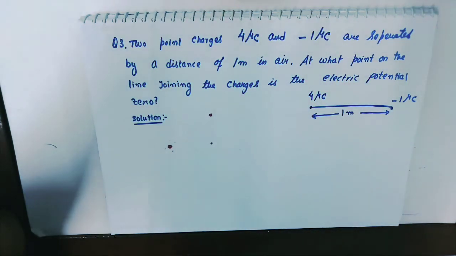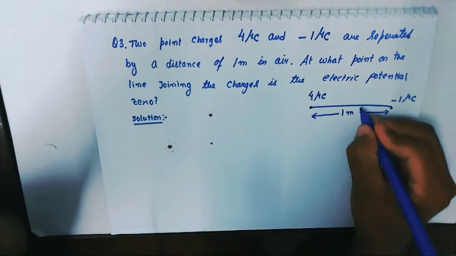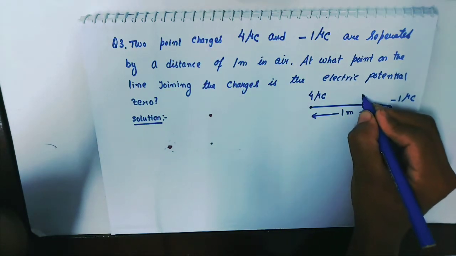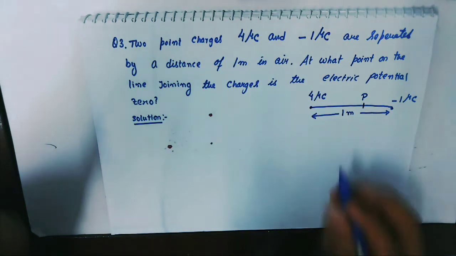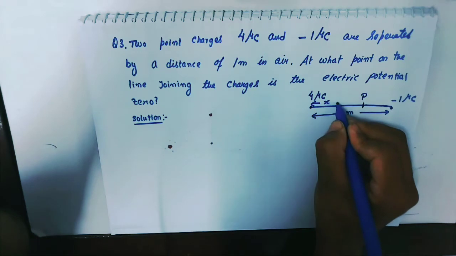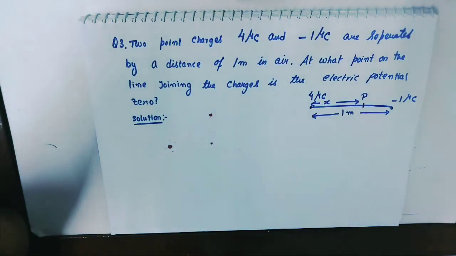The question says, at what points on the line joining the charges is the electric potential 0? So let P be any point on the line joining these two charges, 4 microcoulomb and minus 1 microcoulomb, which is at a distance x from 4 microcoulomb.